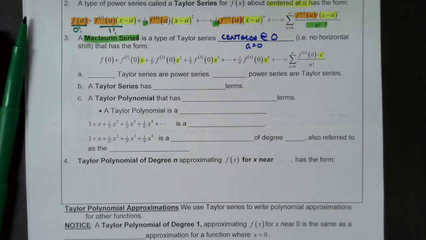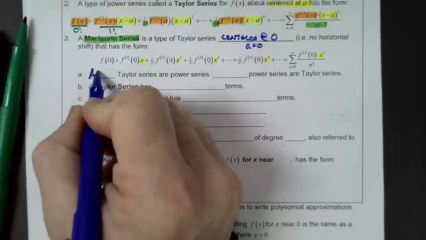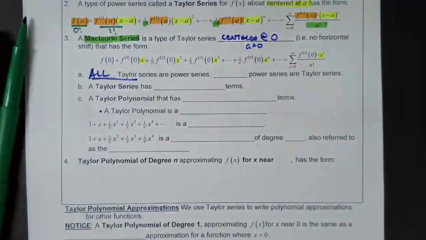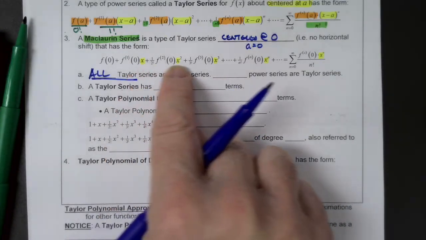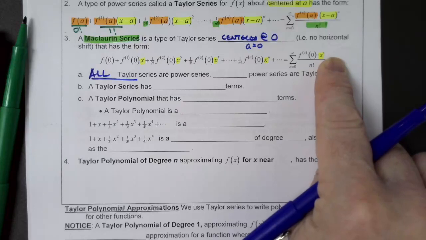So, Maclaurin, exact same thing. Exact same thing, except we've got 0. We're just centered at 0. All right? So, all Taylor series are power series. Because every single time you have a Taylor series, you have x to a power in each term.